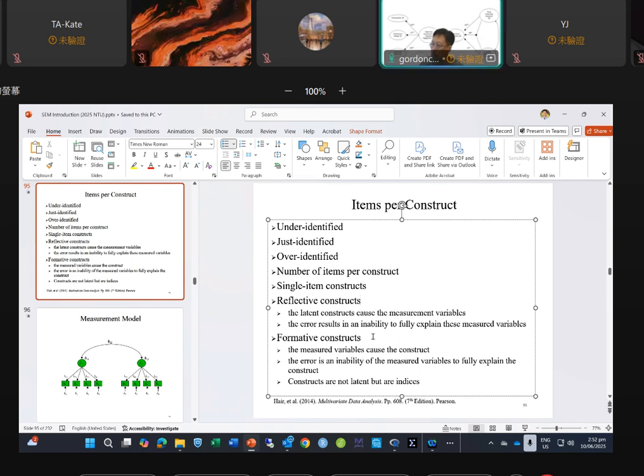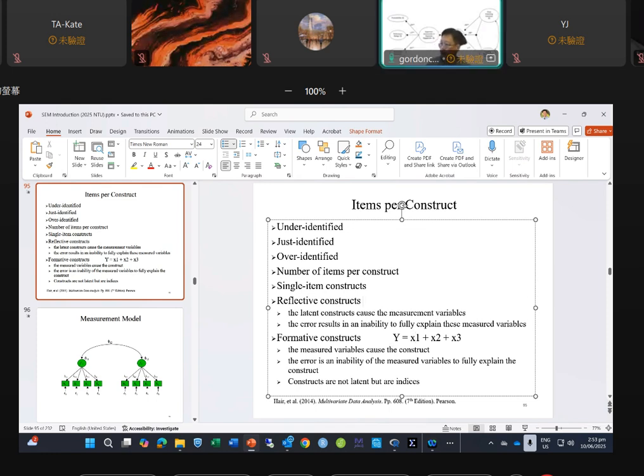For formative measures, formative constructs, they are different. Formative constructs use their items to predict the variable. For example, y equals x1 plus x2 plus x3. Here, we are using three items to predict the score of y. This is called a formative construct.